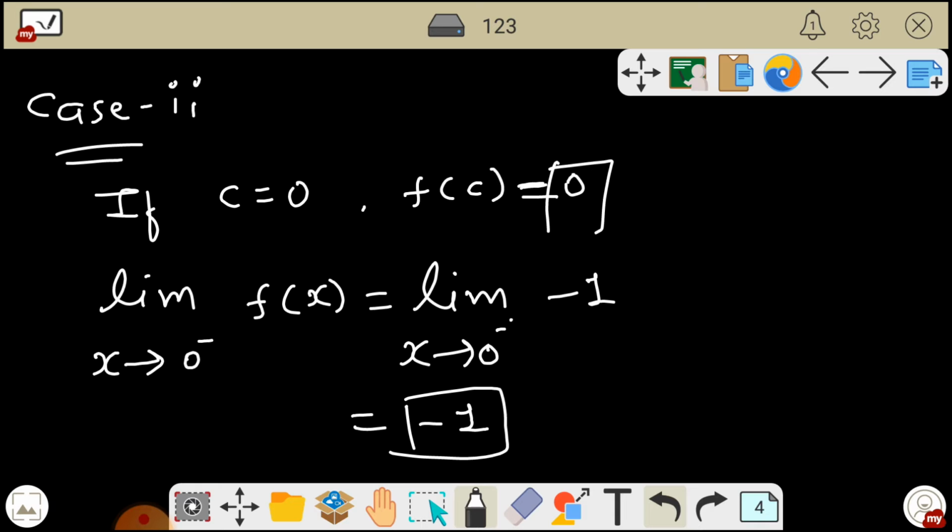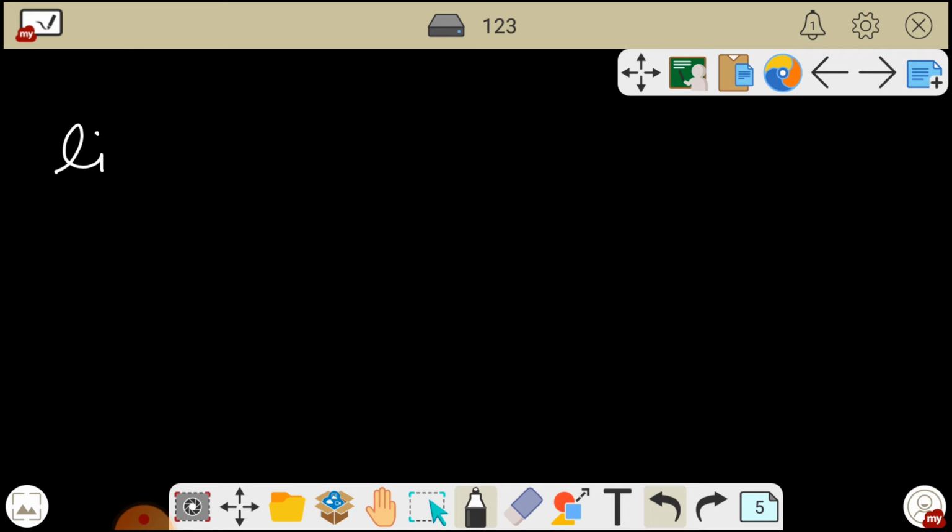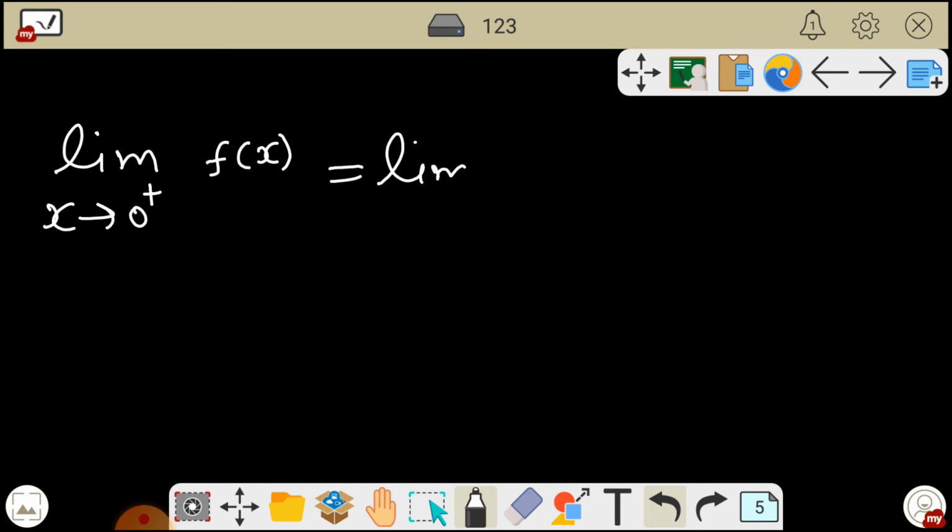Here you can see that these two are not equal. So from here we can say that this function is not continuous. But let us check the right limit also. So limit x tends to 0 plus f of x is equals to limit x tends to 0 plus of 1, which is equals to 1.